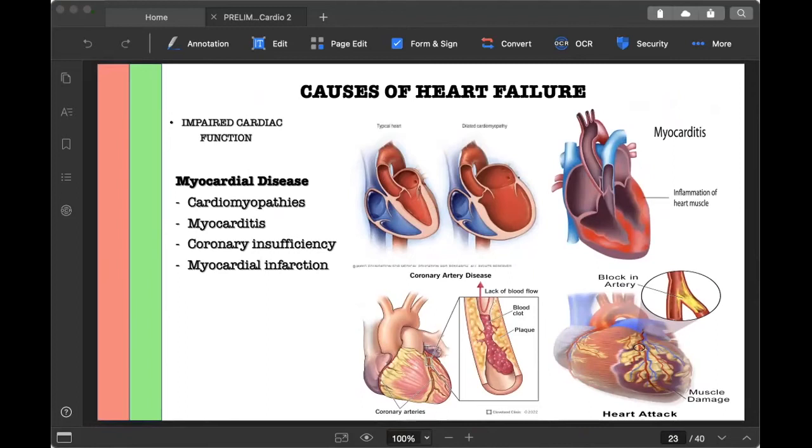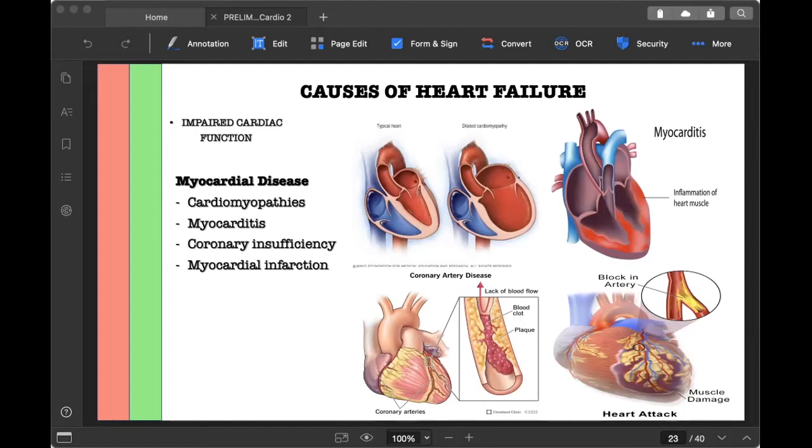Okay, and we all know the meaning of the suffix itis is inflammation. So myocarditis is an inflammation of your heart tissue, specifically your myocardium, the middle layer of your heart wall. And it actually affects the heart's electrical system and muscle cells, leading to irregular heart rhythms and problems with your heart's pumping function.